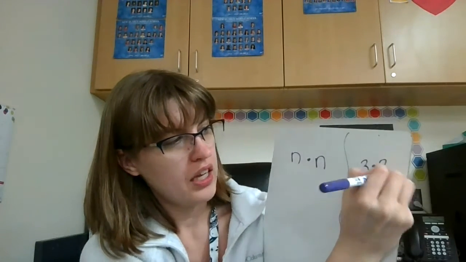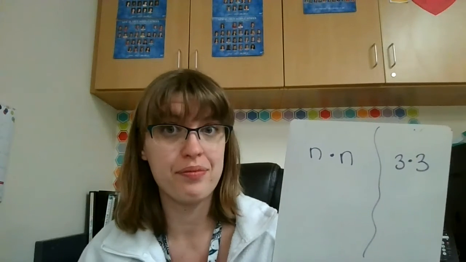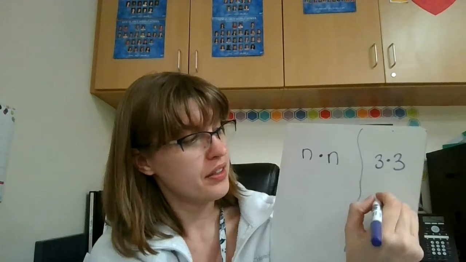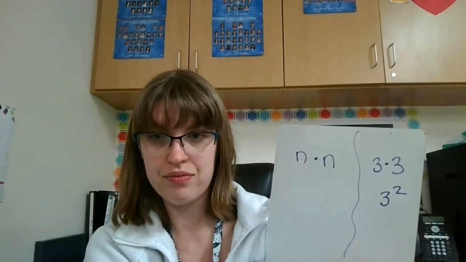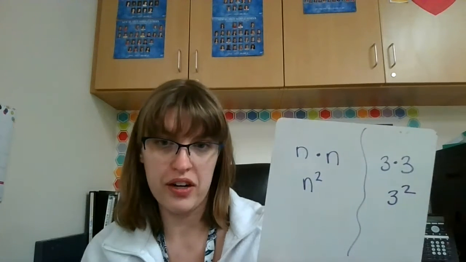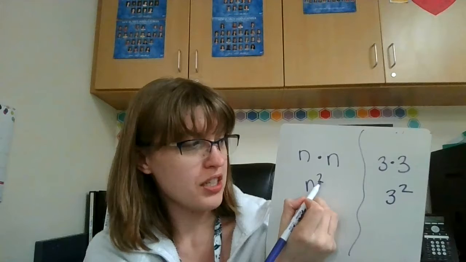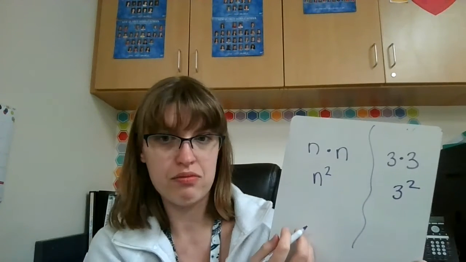If it helps you to think, how would you rewrite that with exponents? Go for it. It's the same pattern. That would be 3 squared, right? This would be n squared because the 2 just tells me how many n's are used. So that would be n squared. Crazy, right?